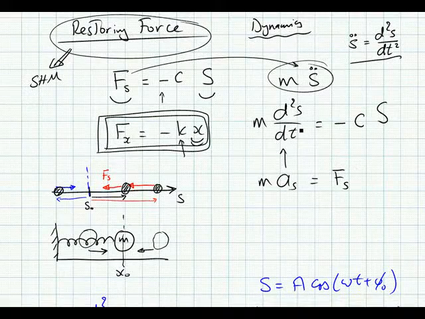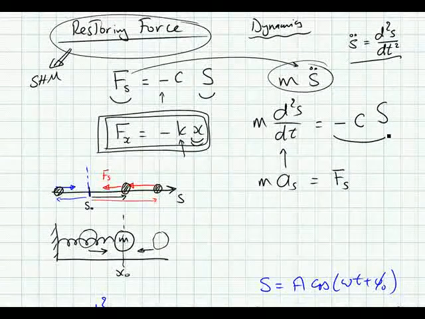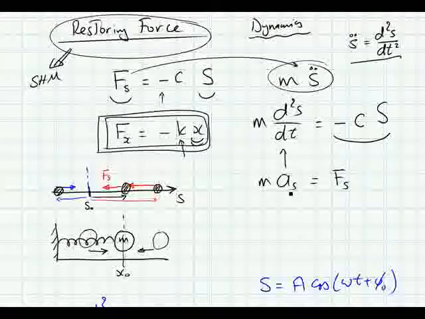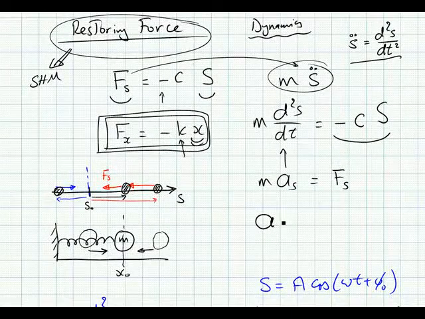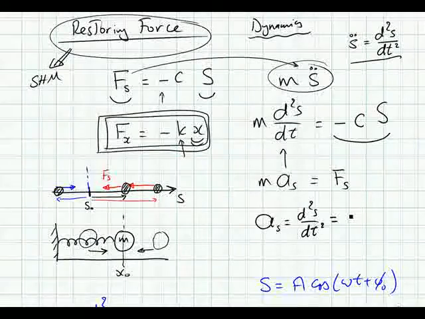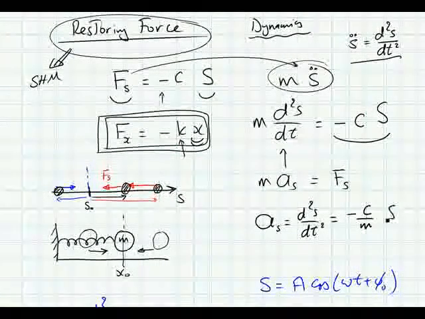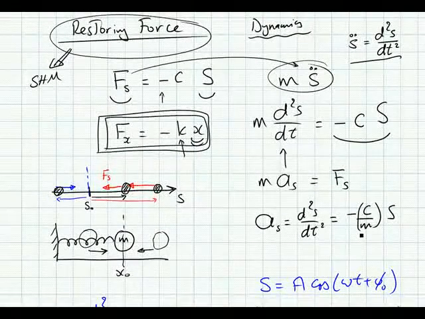So m d2s dt squared is equal to a negative of a constant times position, which is simply Newton's law, which means that the acceleration of the object, d2s dt squared, is equal to minus c over m s, where c over m is a constant.